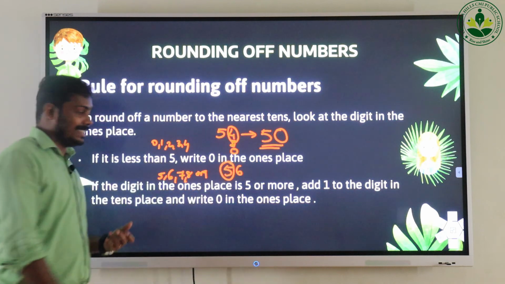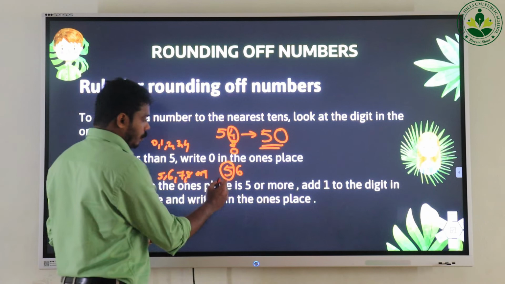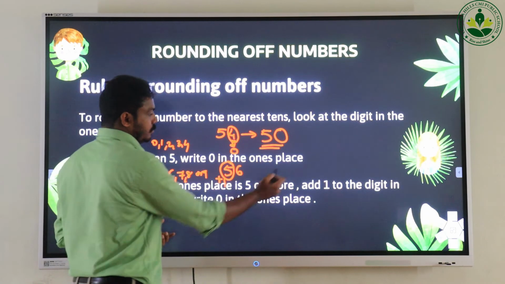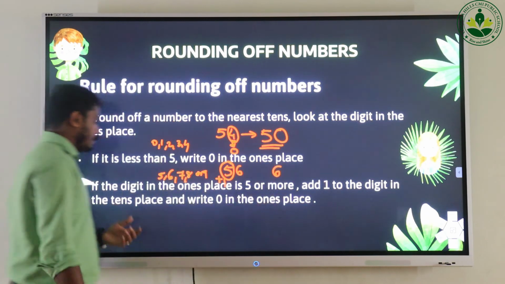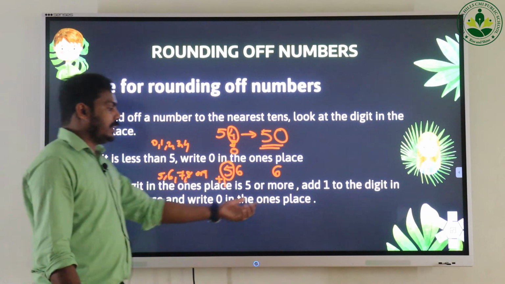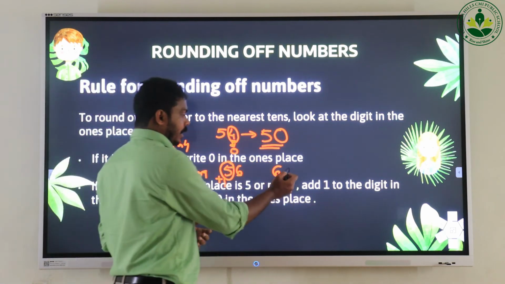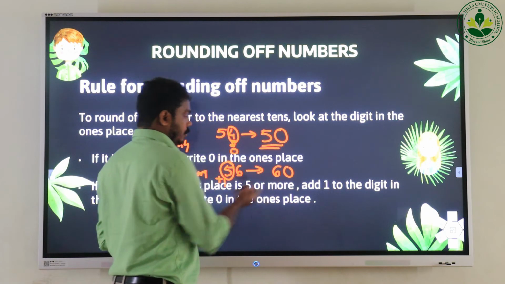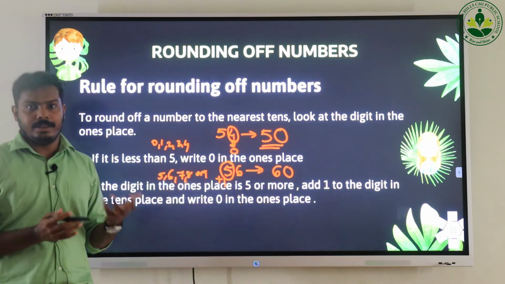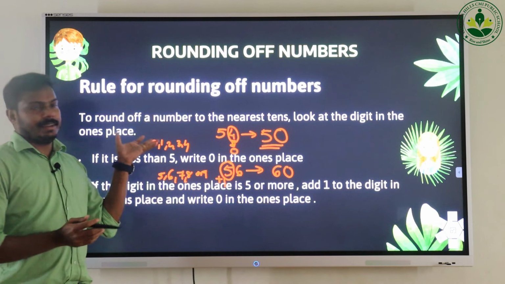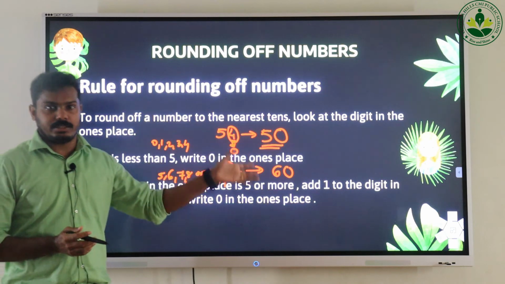Here the tens place digit is 5, so add 1 to it. It becomes 6. And write 0 in the ones place instead of the ones place digit. So 56 becomes 60. It is rounding of a number to the nearest 10.